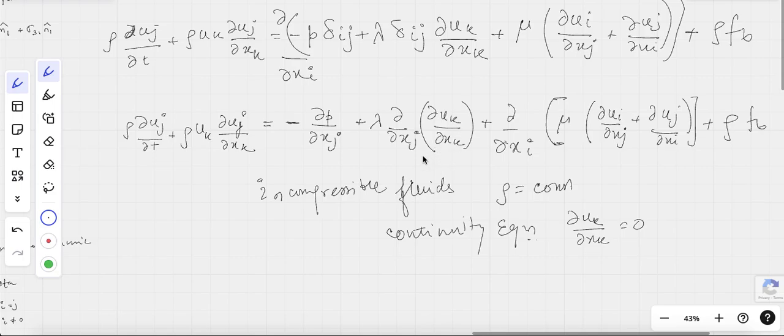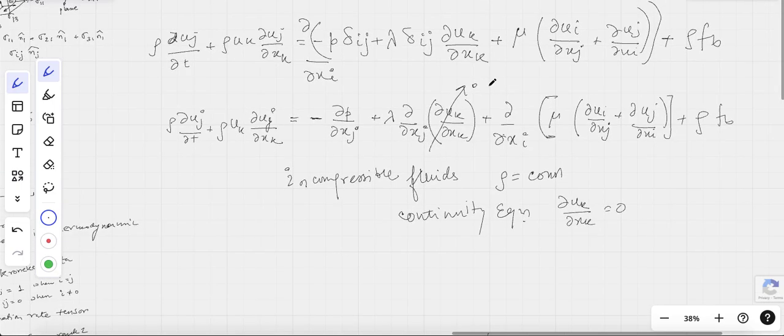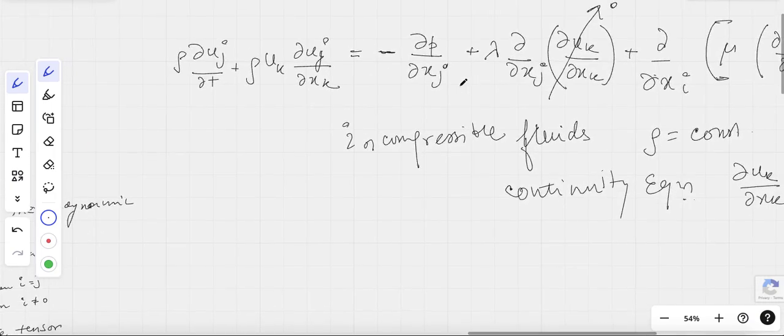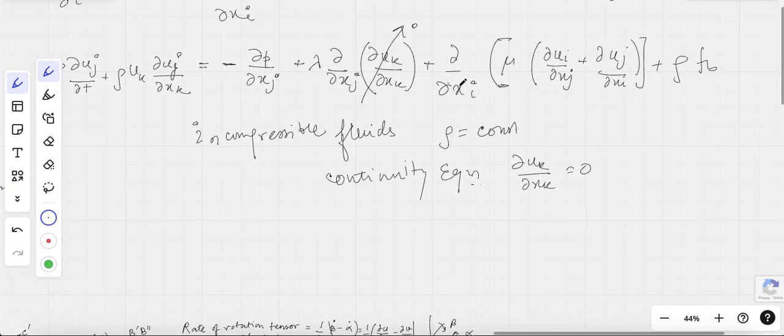Therefore this term will become 0, right? So we will consider this term.